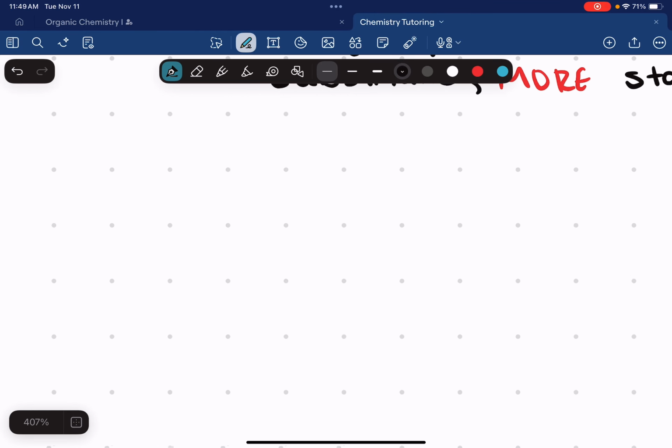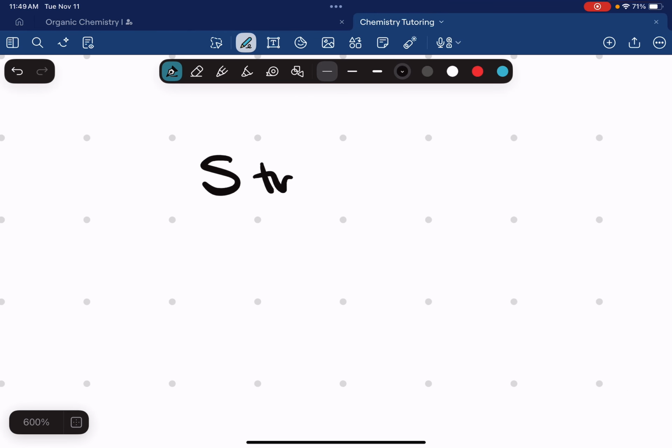Strong bases, because we need a strong base for E2.